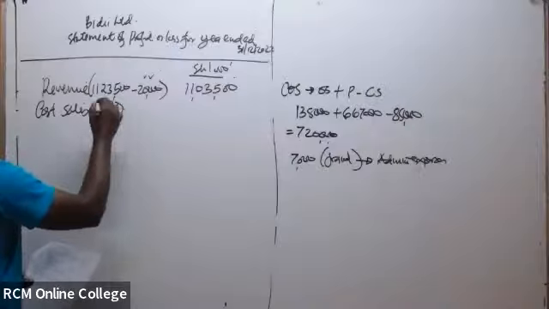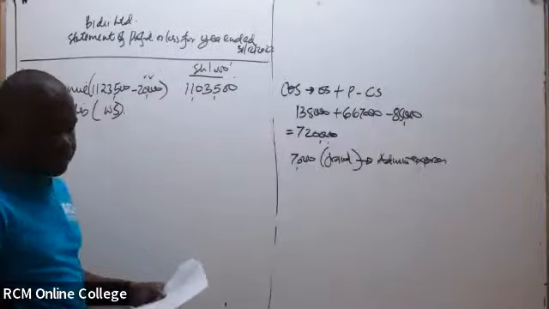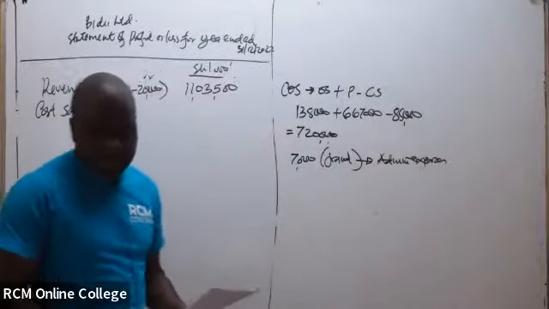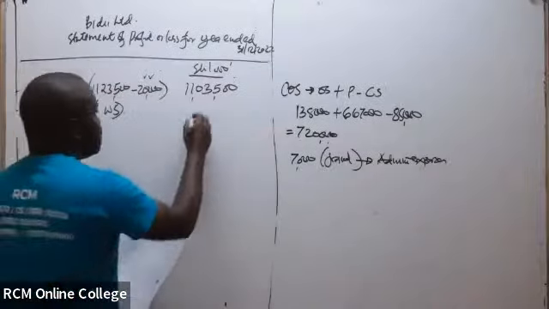Then we can get the cost of sales, which we computed under working, is it working number 5? The cost of sales we computed is exactly 738,340.